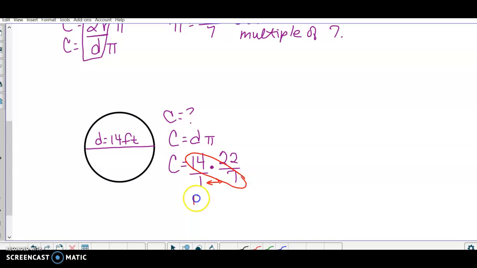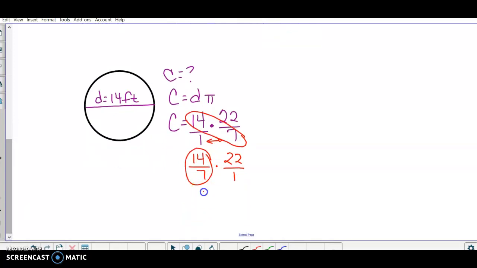So if you wanted to swap your denominators, then we would have 14/7 times 22/1. And we know that we can simplify 14/7 to be 2/1 times 22/1. And then we would just do top times top, bottom times bottom. So our circumference is 44 feet.